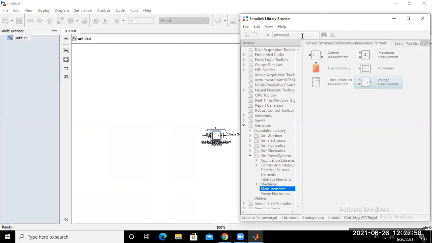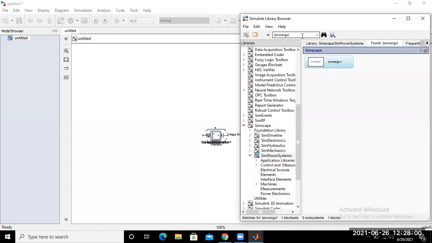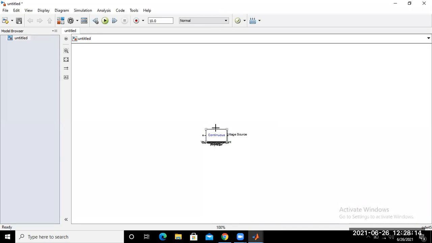Just wait a few minutes. Yes, add this one to the workspace. Now you simulate this circuit for the single phase full wave controlled rectifier.